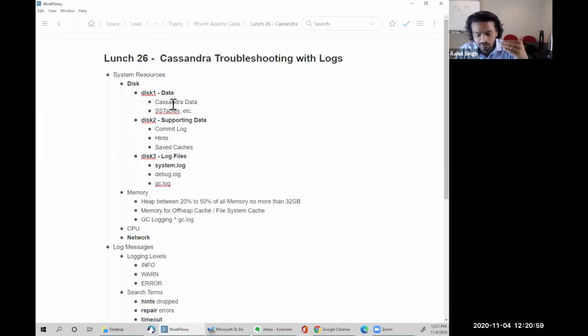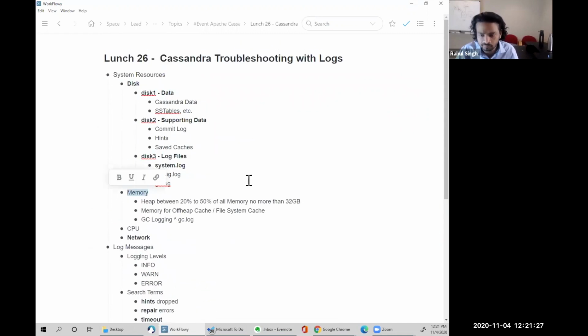Cassandra can't compact unless it has literally twice the amount of data that you have. Okay, in ideal cases. And then the supporting data, it should be basically up to the amount of data. Right? There's a possibility that you could have enough data in your commit log that is equivalent to the size of the data that's being written.